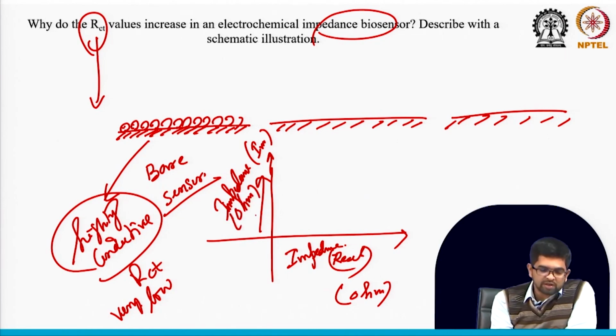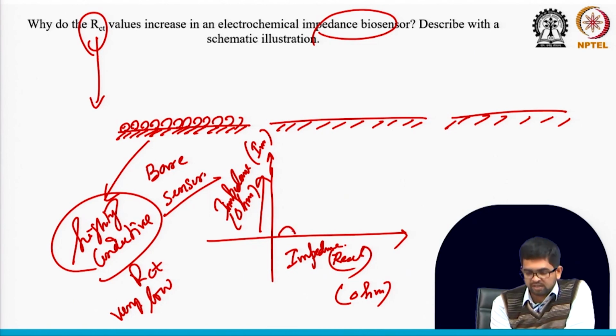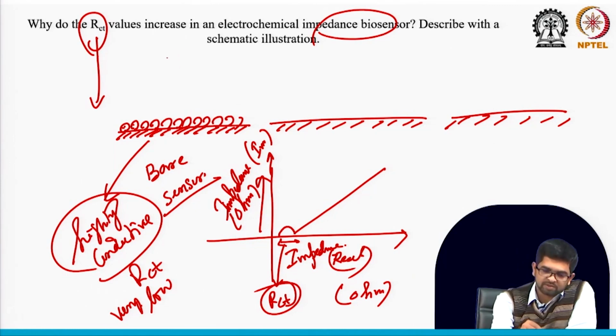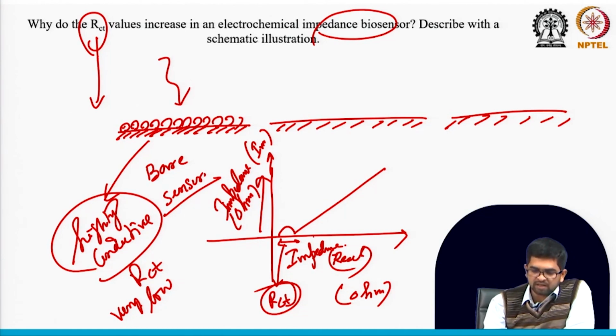Okay, so in the bare sensor case, as it is highly conductive, you may get a very small RCT. This semicircular region is the RCT value, and there will be a straight line, right? This straight line is because of mass transfer, right? So here mass transfer is also very fast, and it is highly conductive. That's why you are getting a very low impedance value.